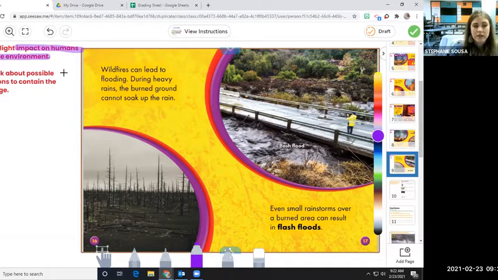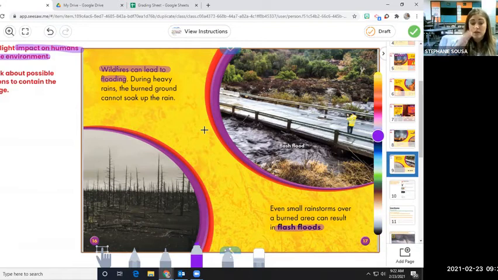Wildfires can lead to flooding. During heavy rains, the burned ground cannot soak up the rain. Even small rainstorms over a burned area can result in flash floods. So not only is there wildfire, but when all the trees and the roots of the plants and the grasses are gone, the water just goes right over everything.